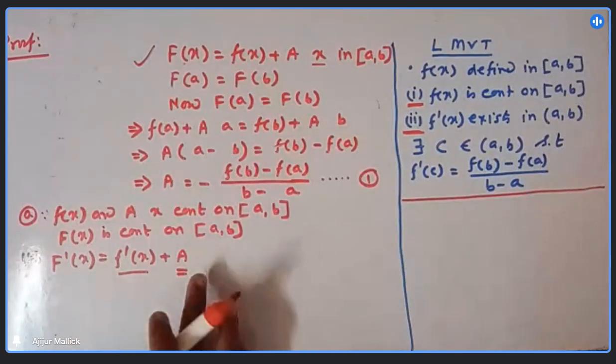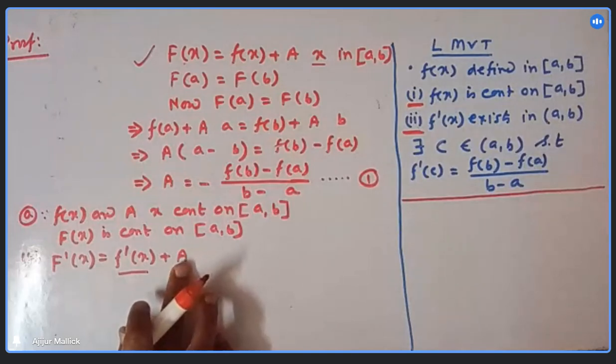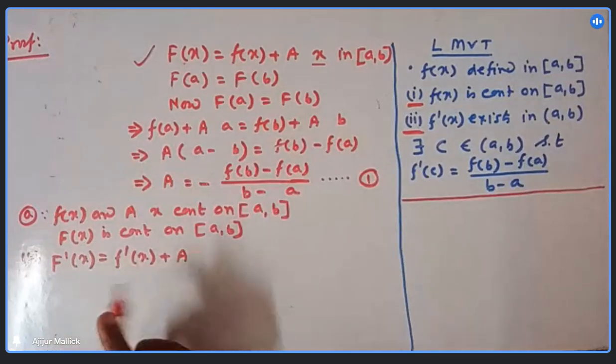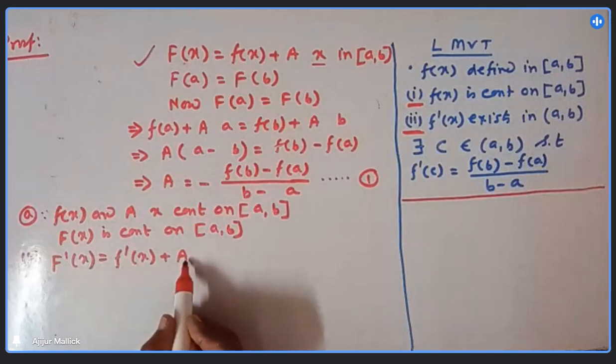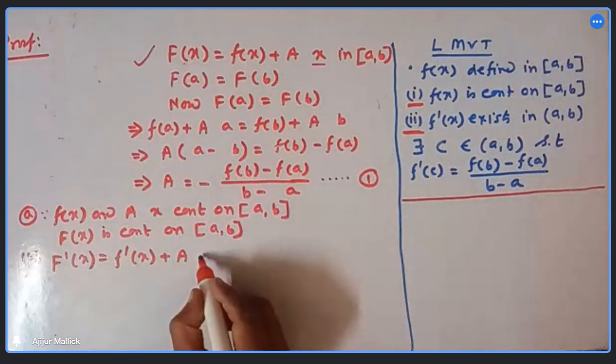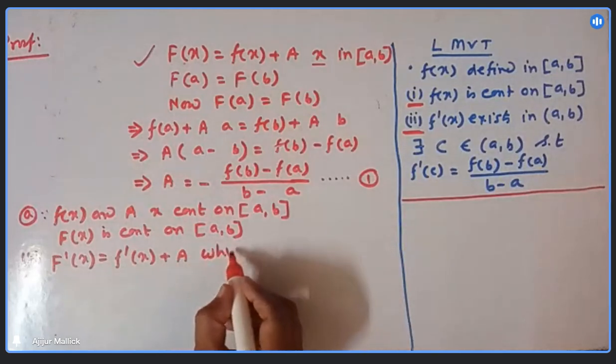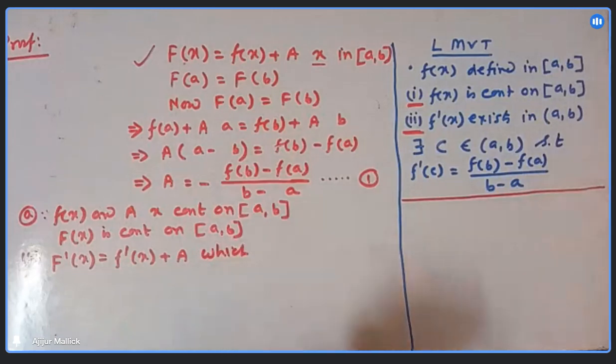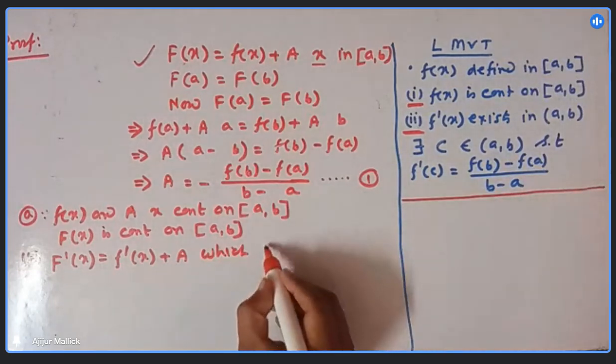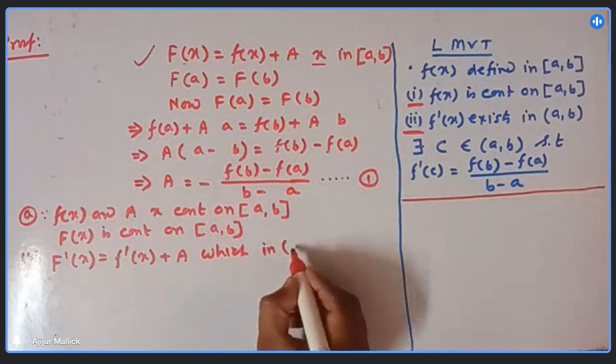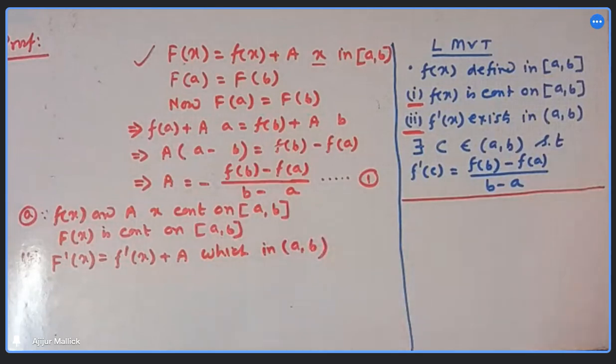So that means capital F dash x exists in the open interval (a, b).